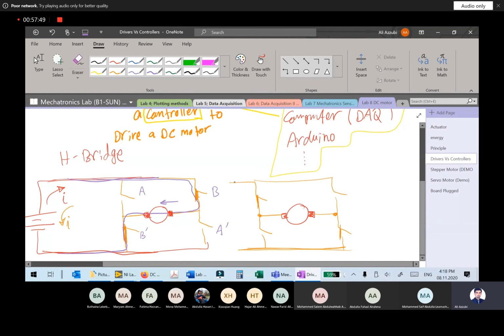In that case, the current will go like this, here, here, and then come back. So I've made the current go this way. So you see, by switching the proper couple of switches, I can make the current go from right to left or from left to right. In that case, you can see that maybe omega is greater than 0 and this is omega less than 0.